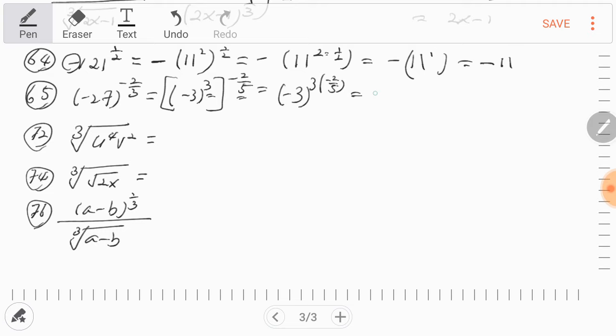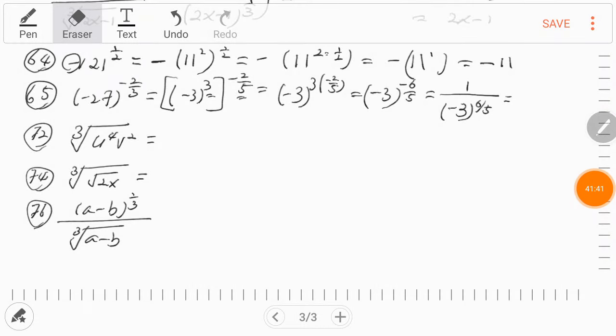Then negative 3 to the negative 6/5. Since this is negative, we can move this one to the denominator. Negative 3 to the 6/5.